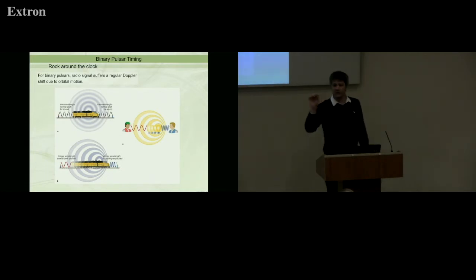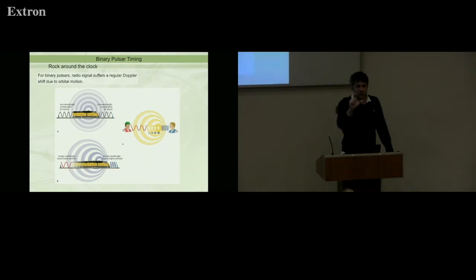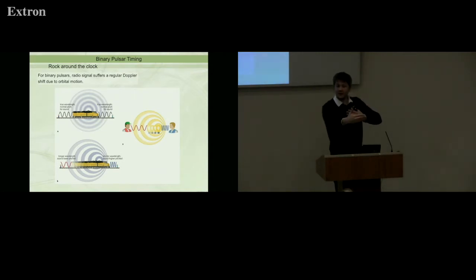And that you can see in a pulsar as well. If the pulsar comes towards you, then the tick-tock will be a bit closer from one another. The frequency of the tick-tock will increase. And then if the pulsar goes away from you, then the interval between them will spread. Okay? So if it's in a binary system, then for half the orbit, it will come towards you, and for the other half, it will go away from you.